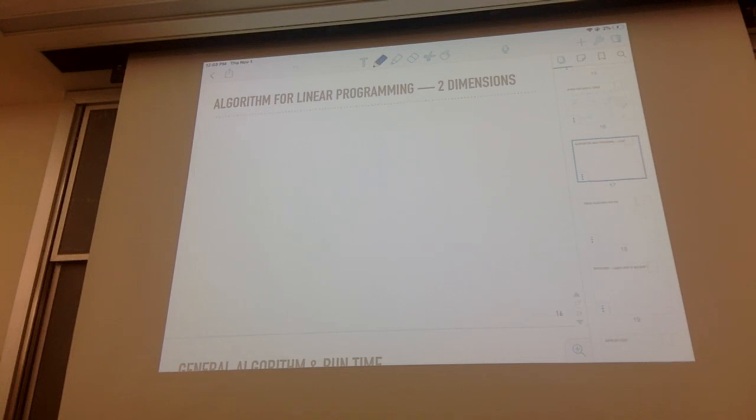I want to say that this observation that the optimum point is a corner automatically leads you to a finite time algorithm. Maybe it's not the most efficient algorithm, but it is a finite time algorithm. Can any of you think why?